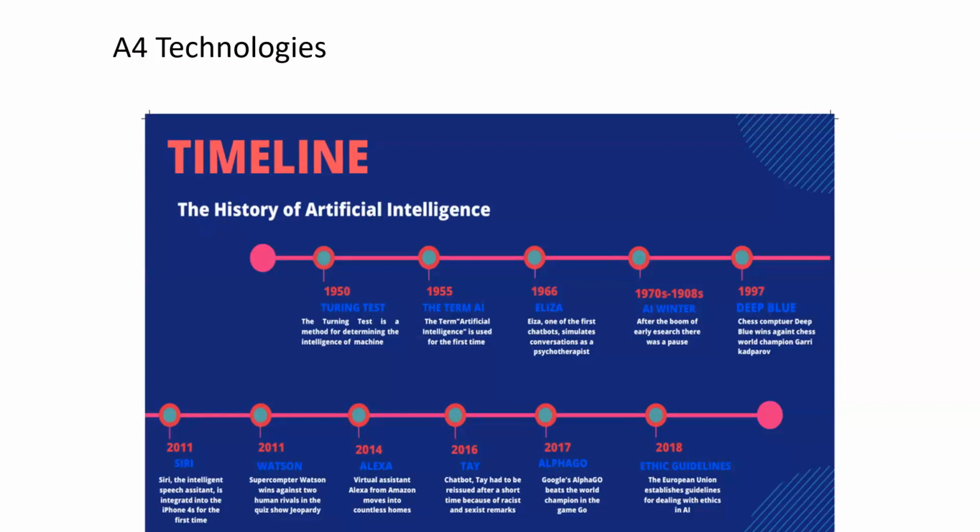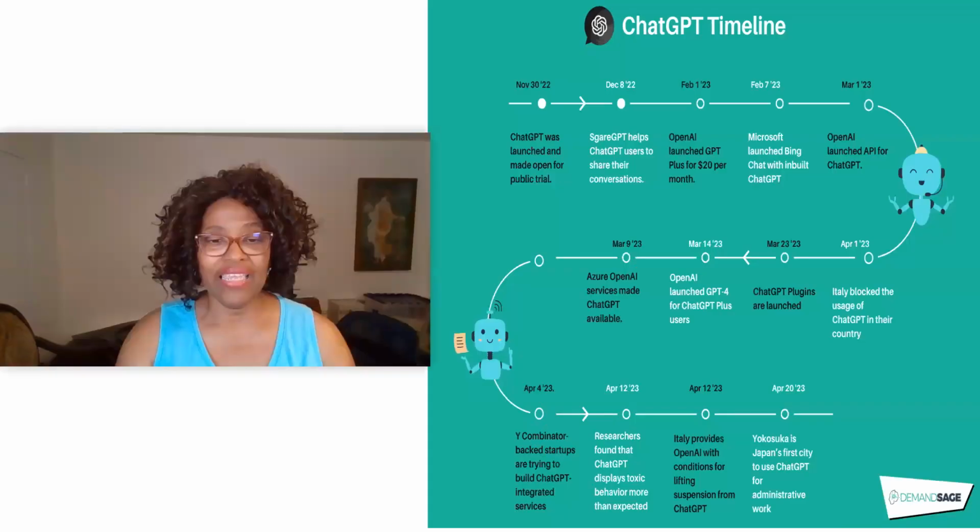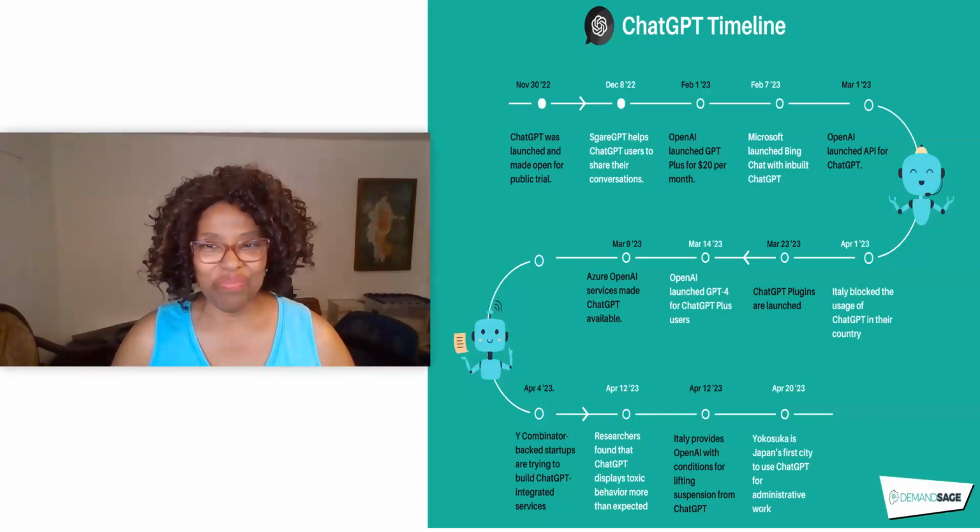But then when Siri came on the scene in 2011, you iPhone users know who Siri is, and then Alexa came on the scene in 2014, AI began to speed up. But nothing had impacted AI until ChatGPT.